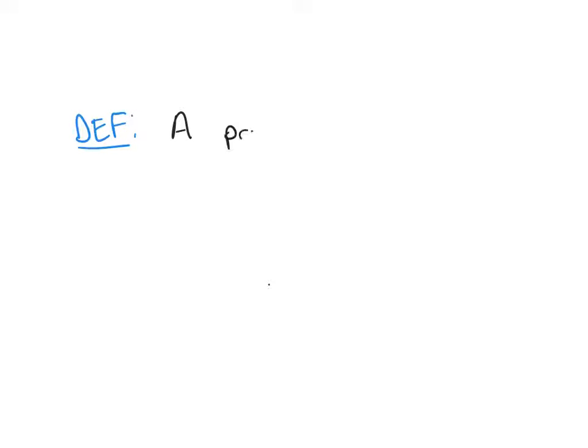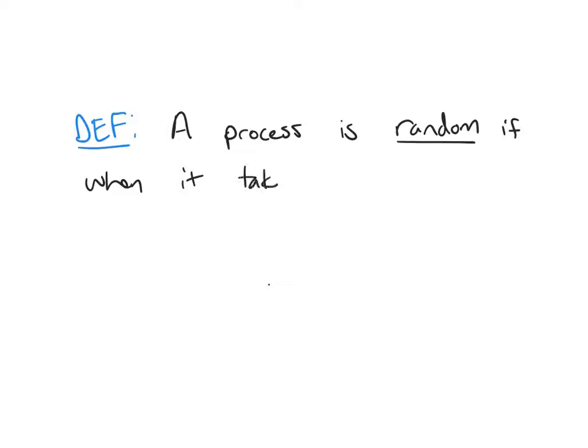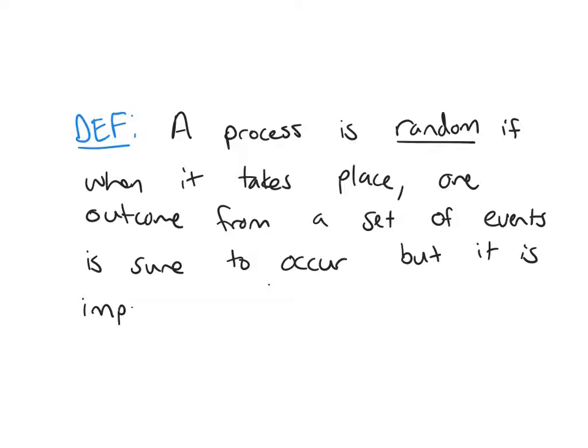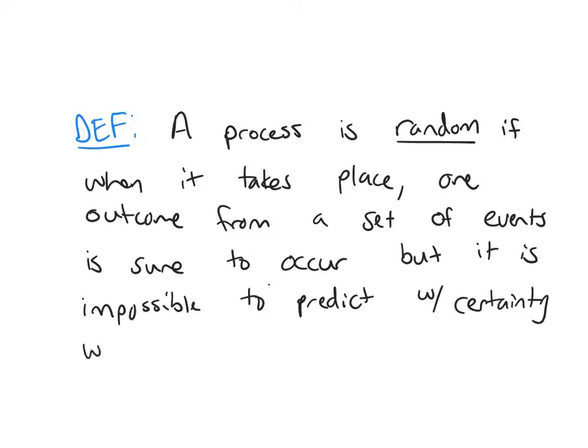We're going to say a process is random if, when it takes place, one outcome from a set of events is sure to occur, but it is impossible to predict with certainty which outcome that will be.